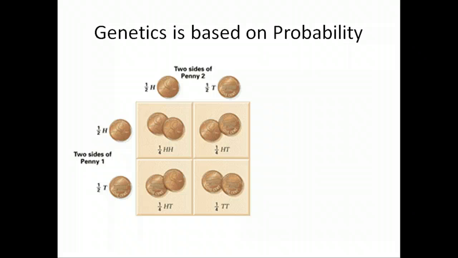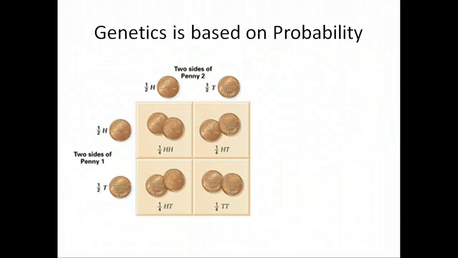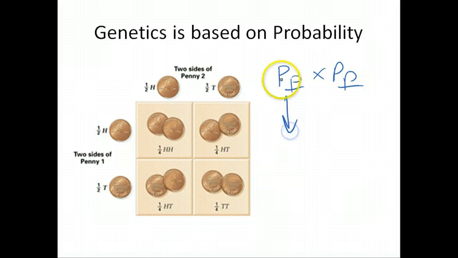Okay, so going back to that cross, in this instance right here, where you're looking at the F1 generation, you're looking at hybrids, so you're looking at big P, little p times big P, little p. This is essentially flipping a coin. So if you have an instance where you are crossing big P, little p, you have a 50-50 chance of contributing either allele 1 or allele 2.